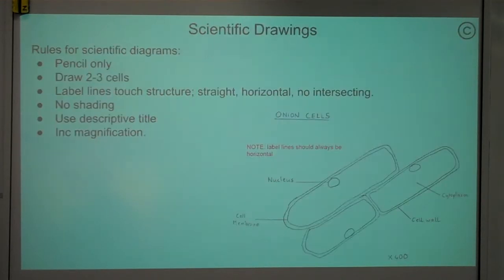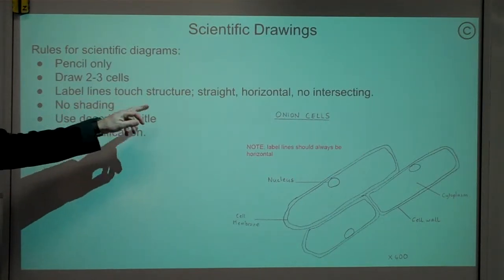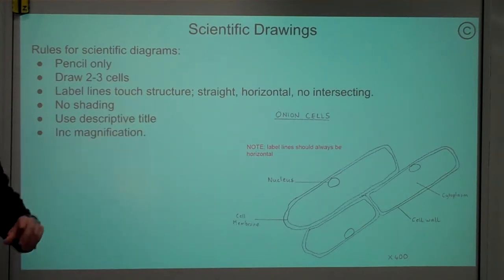With scientific drawings, only use pencil. Draw 2 to 3 cells. Label lines should touch the structure that they're actually labelling. They should be straight, horizontal, and not intersecting. But it seems like we're not testing for horizontal lines this year, so don't tie yourself up in knots trying to get horizontal lines.